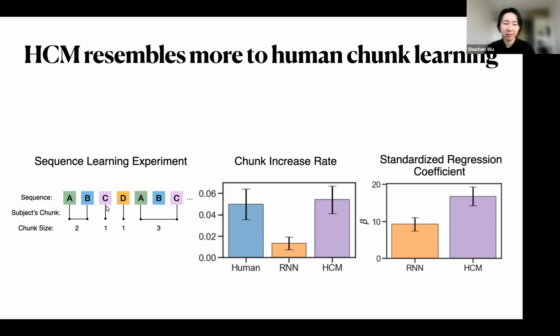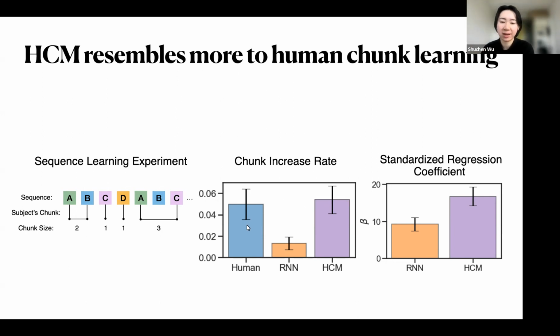So we can measure their reaction time, and based on their reaction time, infer what chunks they have learned. Based on the chunks they have learned, we can measure how they improve during a training session. That is the chunk increase rate, which is the average chunk size humans use to parse the sequence.